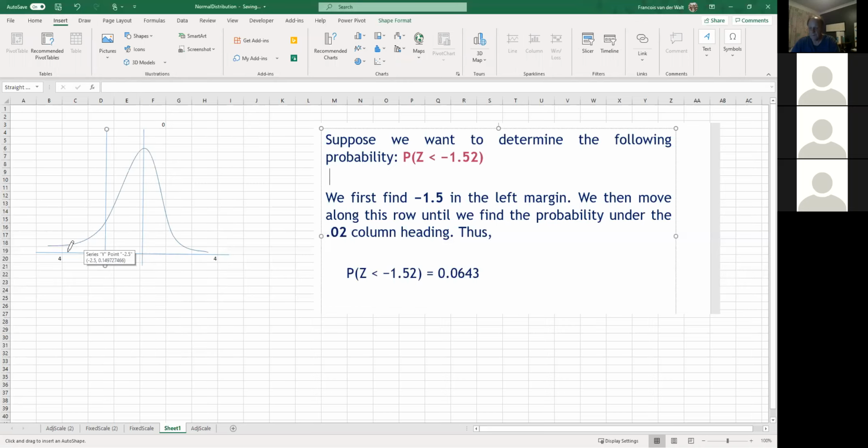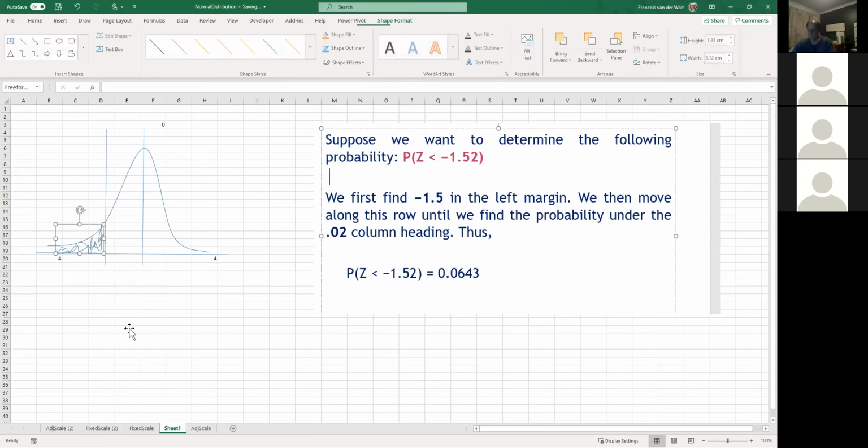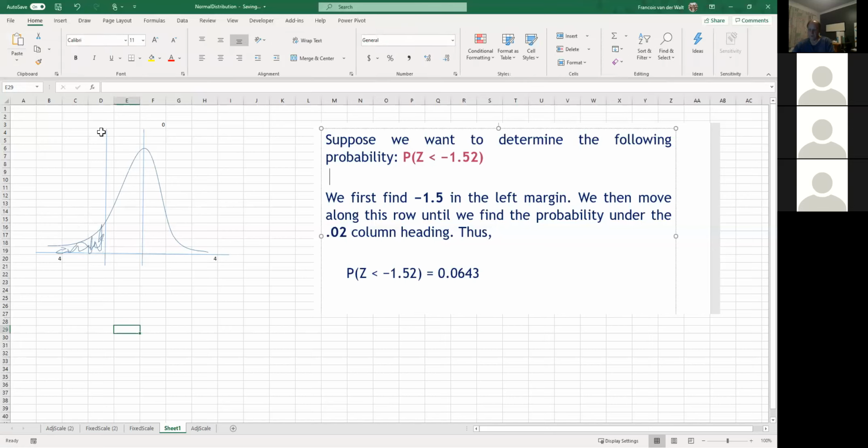I want to calculate what this area is. Do you agree? Because if this is minus 1.52, the area less than minus 1.52 is that one, isn't it?